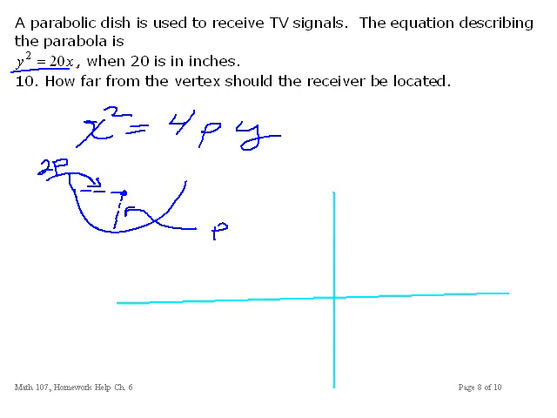Now let's say the vertex is at 0, 0, and the equation looks like this: x squared equals 24y.